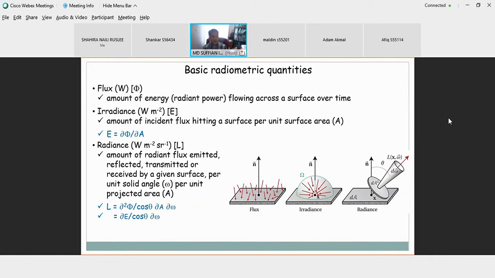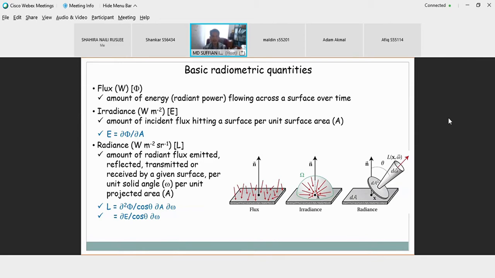So flux, energy flux is the amount of energy or radiant power flowing across a surface over time. Yang sampai ke permukaan dalam jangka satu masa. So direction dia tak kisah daripada mana dia datang. Dia cuma ukur the amount of energy ataupun radiant power in watts.